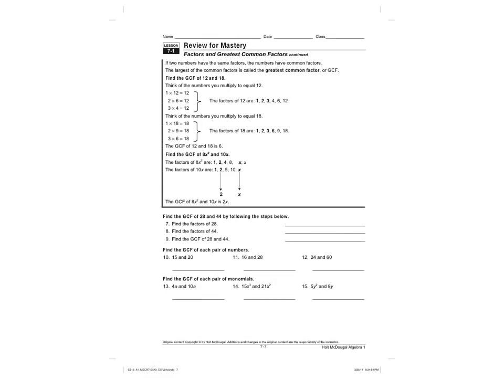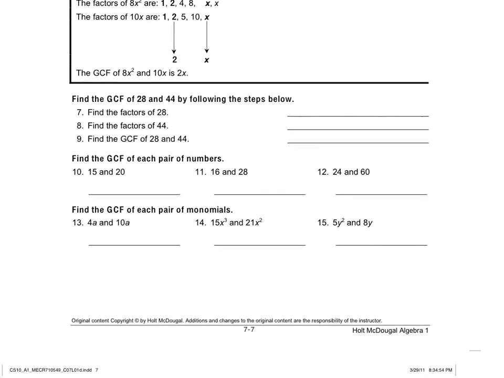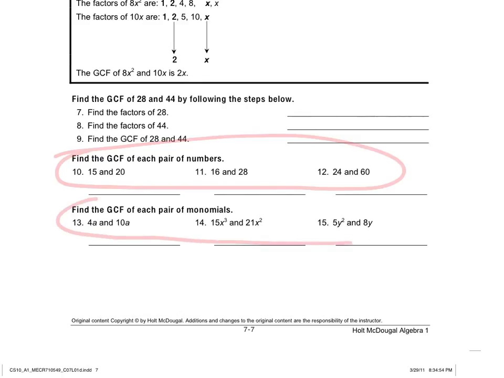Okay, next one. I am going to give you 2 questions where I'm just going to give you numbers and ask you to find the greatest common factor. Then I will give you another question where it's going to have a variable with it. I will do one of each here. All right.